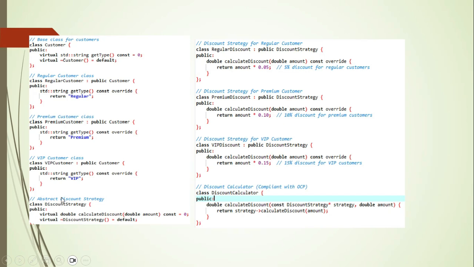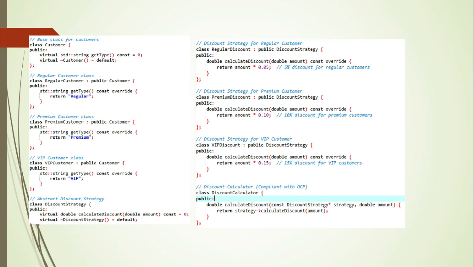Now we have another abstract class, the abstract DiscountStrategy class. The DiscountStrategy class is an abstract class that defines the interface for all the discount strategies. Just like when we define different customer types, here we define the different discount strategies.